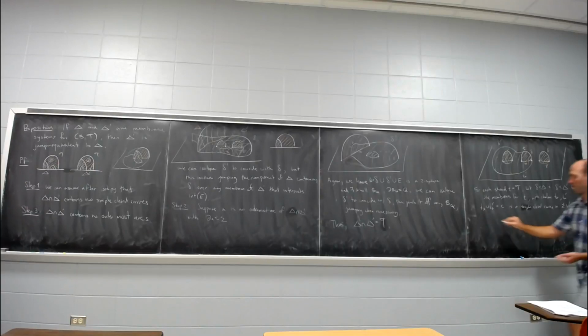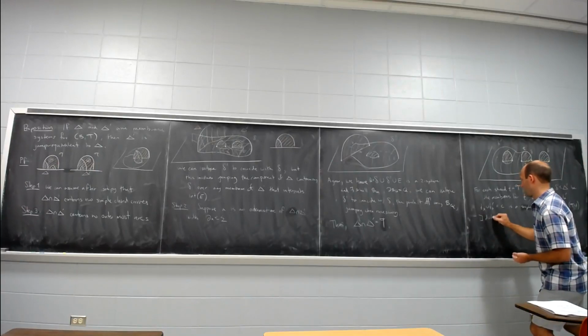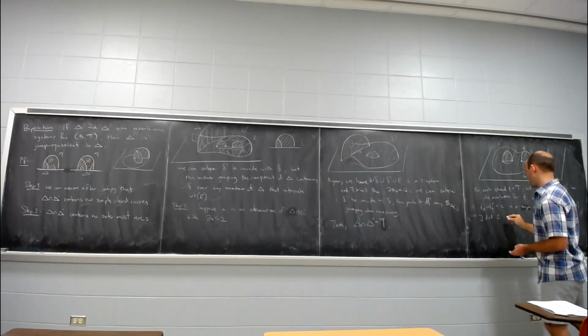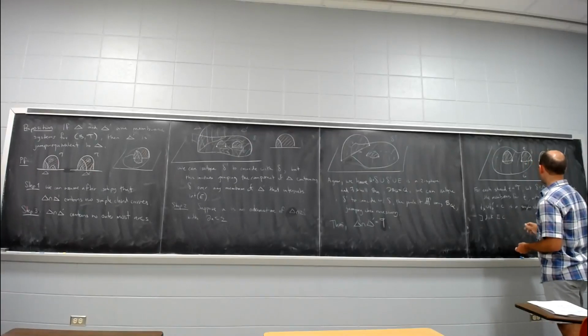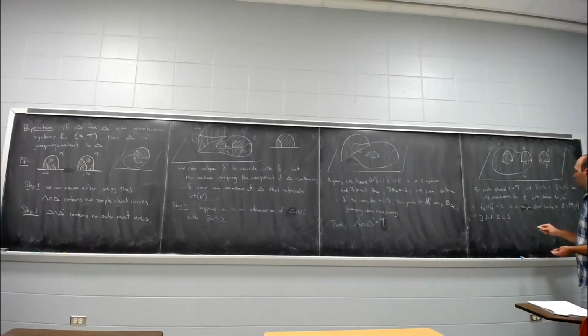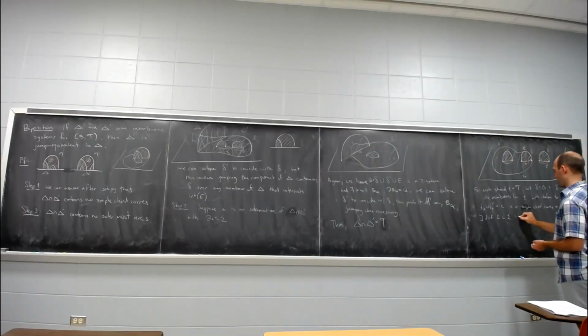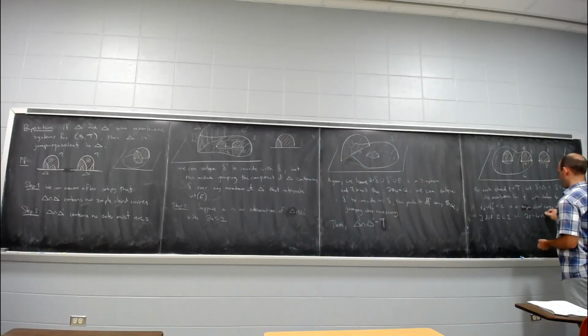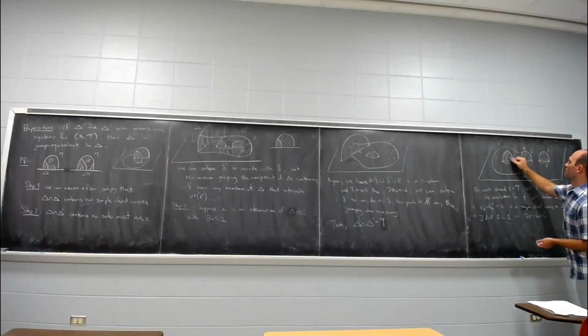And so there exists a disk E, now the disk lies in sigma, such that the boundary of E is T star union T star prime. And so this is this disk here.